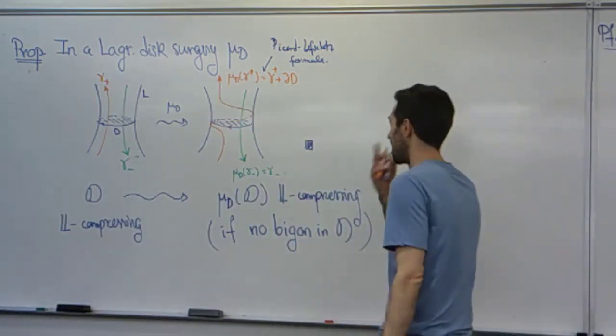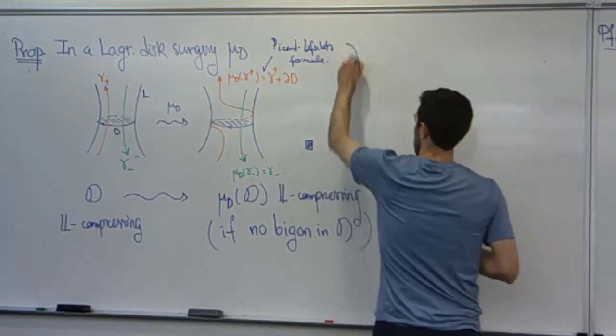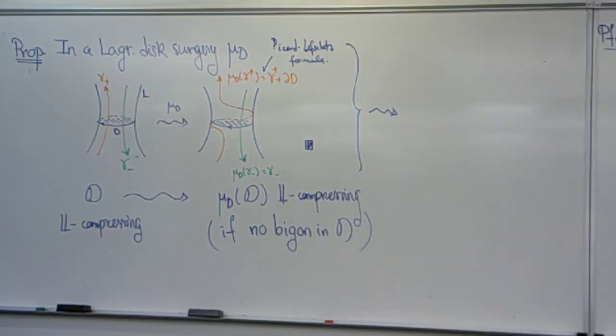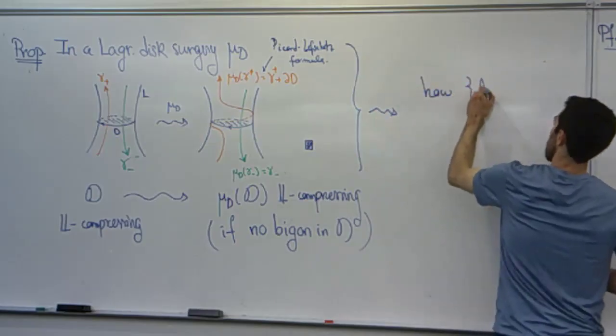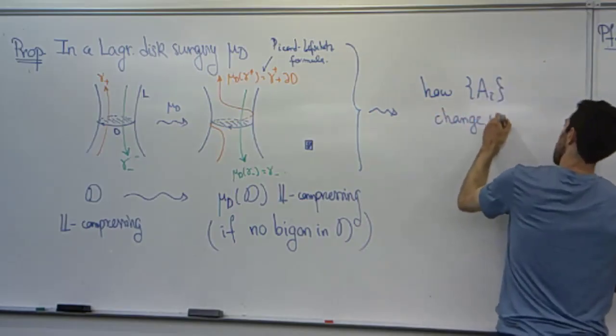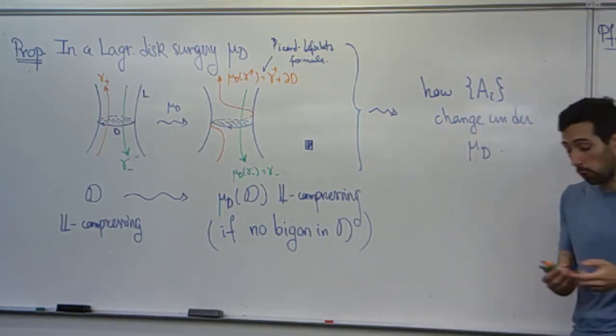Okay, good. Okay, so out of this geometric computation about curves and surfaces, you deduce the formula that was here about how the monodromies change under mutation at D. So for general Lagrangian fillings, there's 2 ways to go about it.